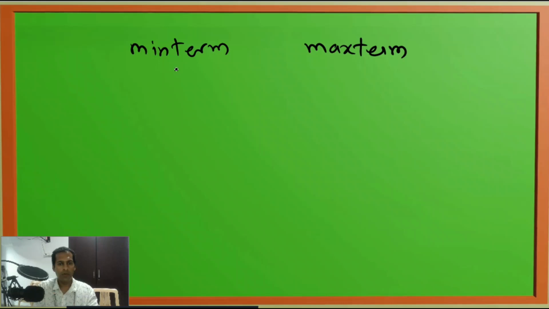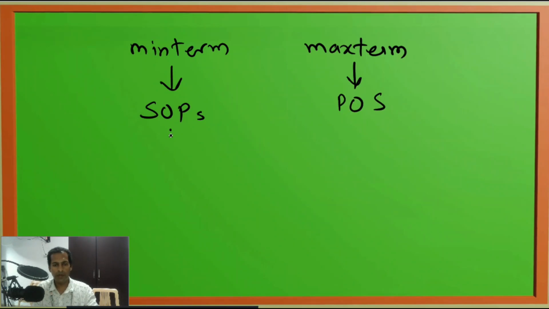So what we have to remember: we have min terms and we have max terms. Min terms are related to SOPs, max terms are related to POS.